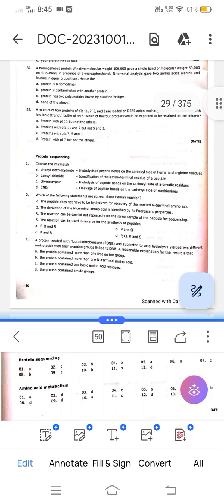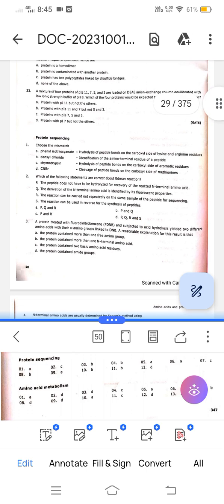It is about Edman reaction. 2. Correct answer C. That means C in this, P and R. P. The peptide does not have to be hydrolyzed for recovery of reacted N-terminal amino acid. And R. R means the reaction can be carried out repeatedly on the same sample of the peptide for sequencing.